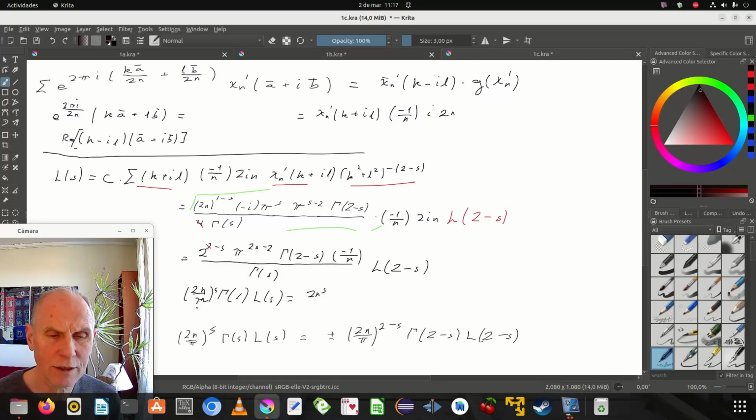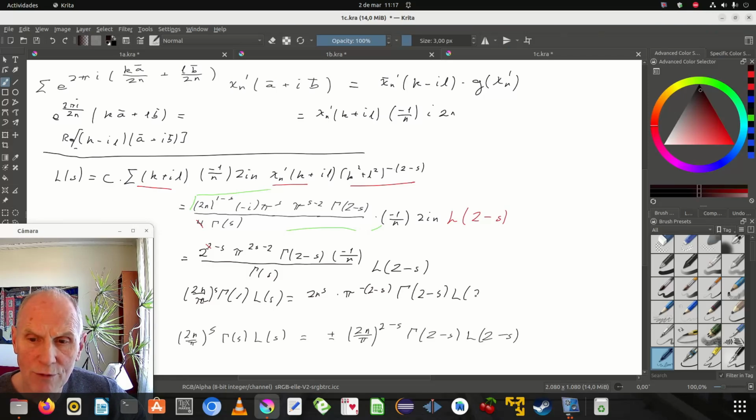Now what is this? Yes, that was a pi to s divided by 2n to s, so that we get pi to minus 2 minus s. I think that's what we have there, yes. And gamma 2 minus s, L of 2 minus s.